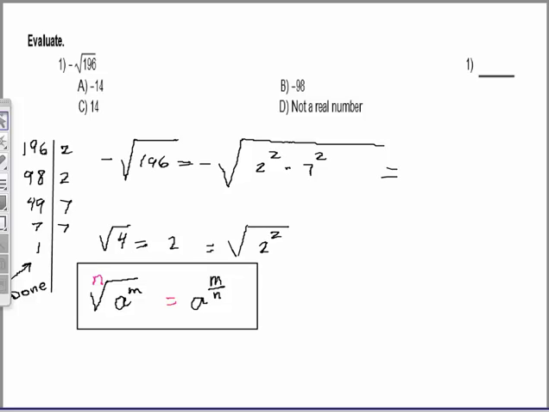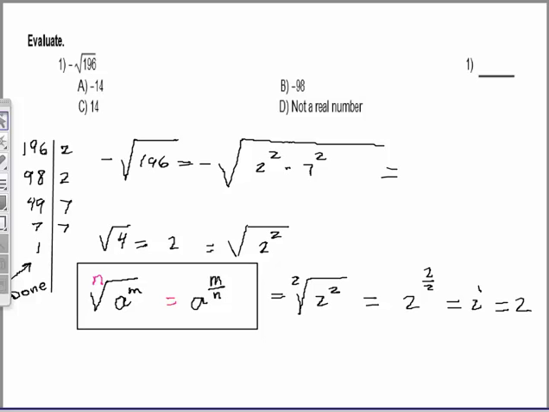So in this case, we have the square root of 2 squared, and when there's no number here, it means it's 2. So it would be 2 to the power of 2 over 2, which is 2 to the power of 1, which is equal to 2. So that's why the square root of 4 is equal to 2.